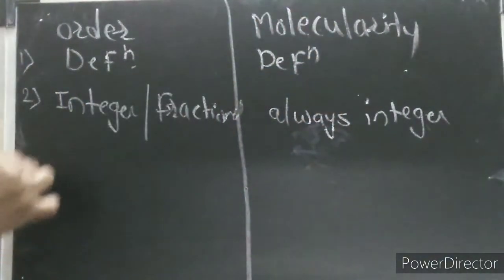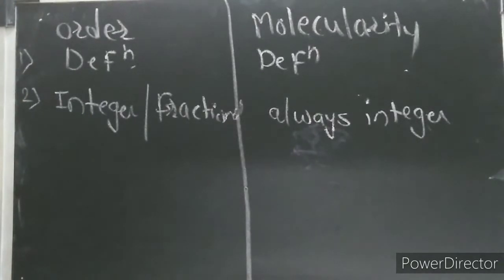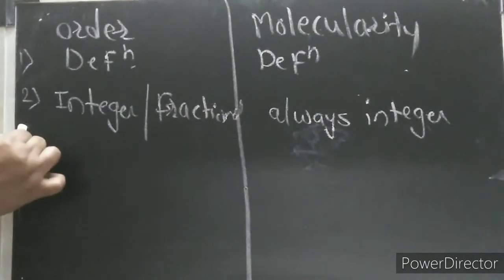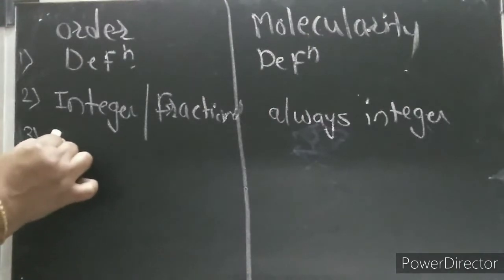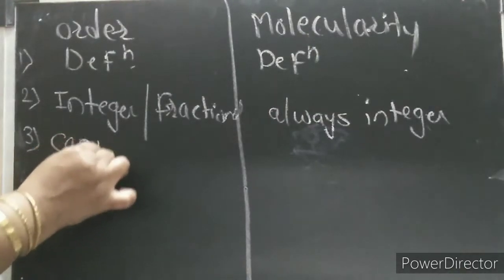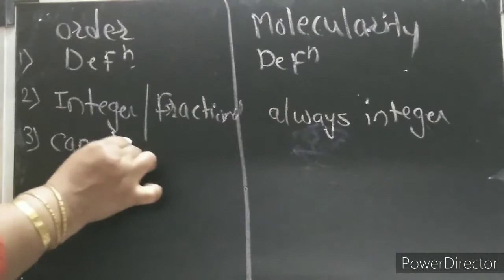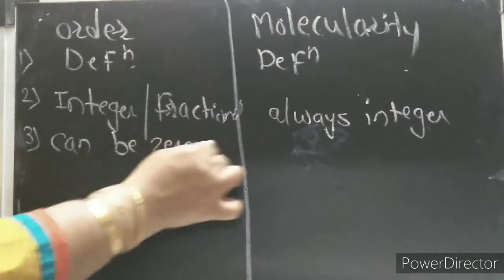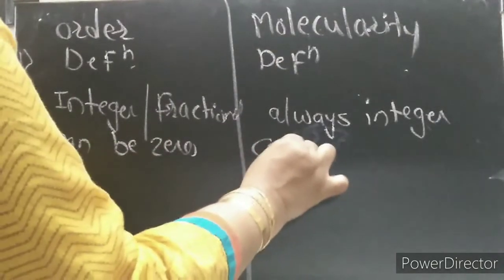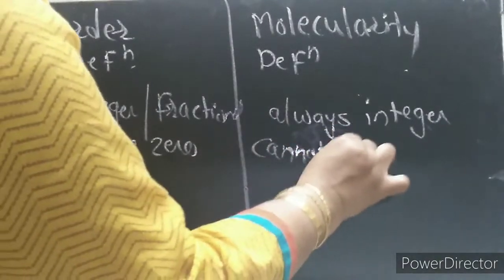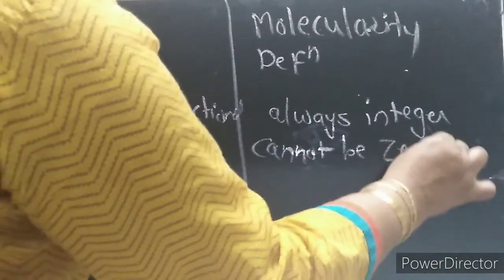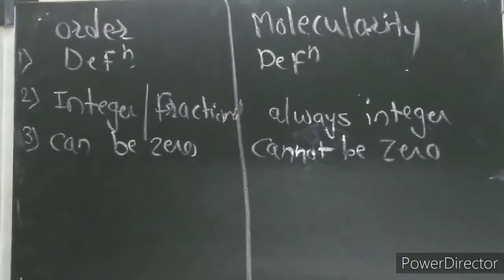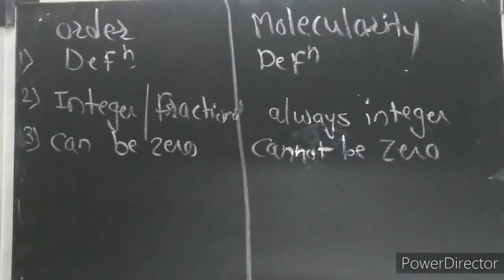The second point: order of reaction may be integer, it may be fraction, and it can be 0, but molecularity cannot be 0. We can't say 0 molecules are taking part in the reaction. That statement is not true. So order can be 0, but molecularity cannot be 0.